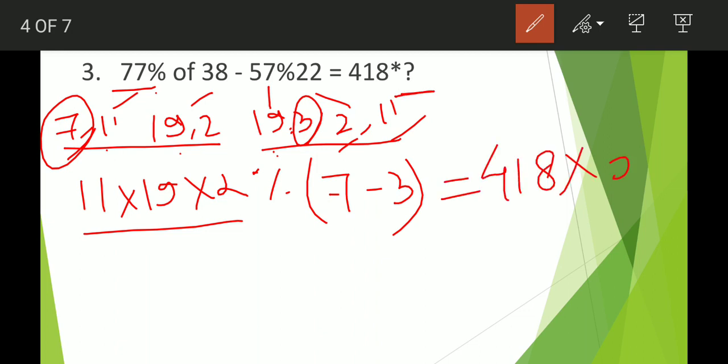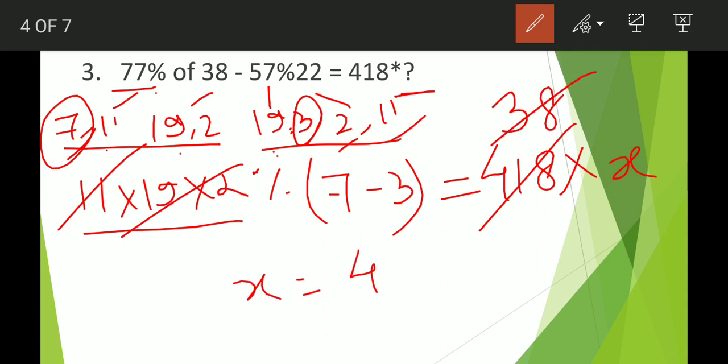I'm writing it as x. Now we can easily simplify this. We will get x as 4 percentage, and the value for this gives us 0.04. So this is our answer.